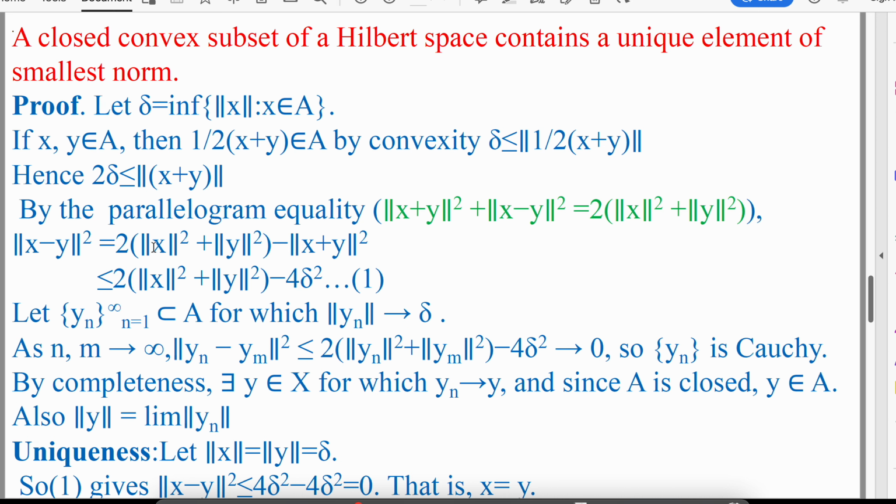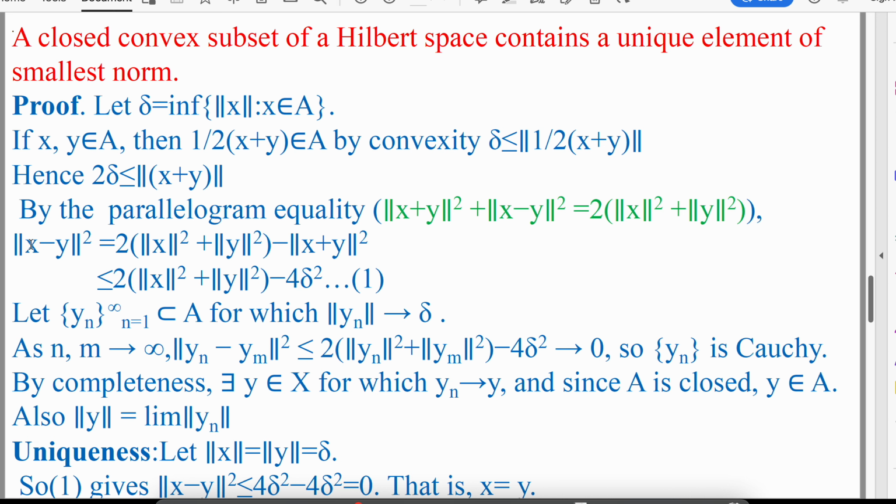Because 2 delta is less than or equal to norm x plus y, if we multiply by a minus sign, minus 2 delta will be greater than or equal to minus norm x plus y, or we can say minus norm x plus y is less than or equal to minus 2 delta. So here we have a square term, so 4 delta square.